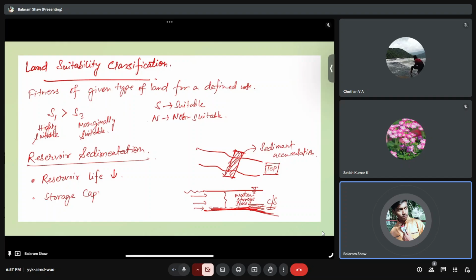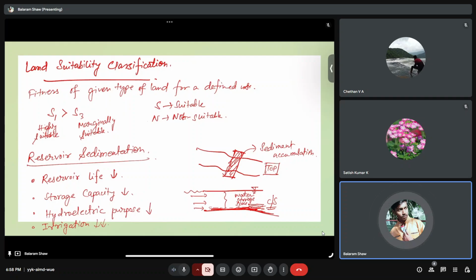Storage capacity of the reservoir will decrease, and hence for whatever purpose it was made, maybe for hydroelectric purpose, the ability will decrease. For any other purpose, let's say if it is an irrigation reservoir, the irrigation ability will decrease. It will reduce availability of water for irrigation.